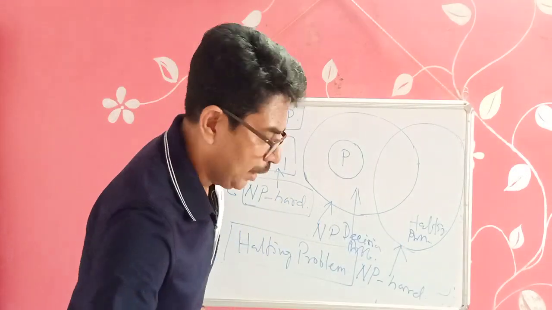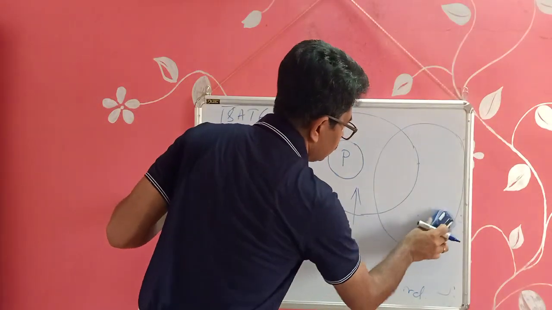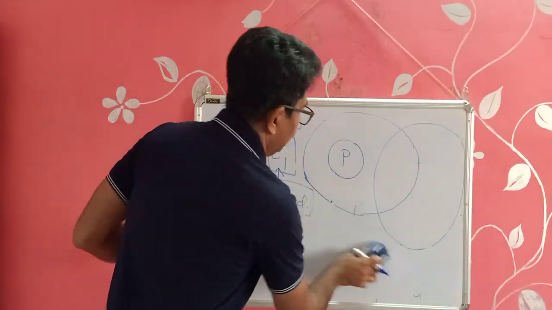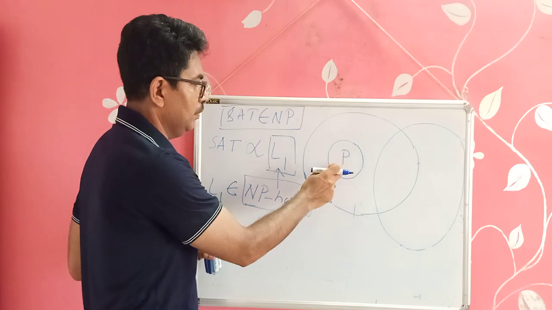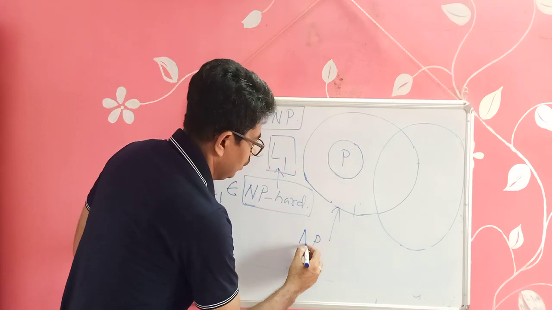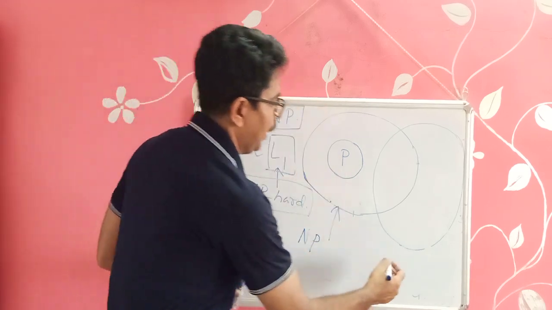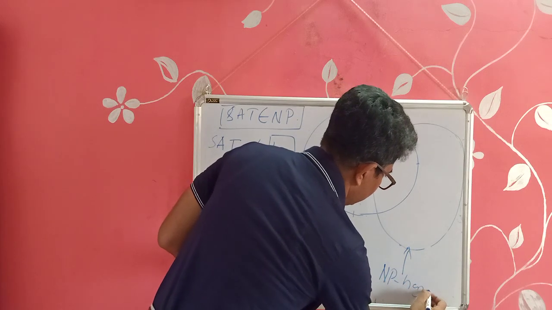So till now we have three different classes. One is the P class, where a deterministic polynomial time algorithm exists. One is the NP class, where a non-deterministic polynomial time algorithm exists, and this is NP hard.